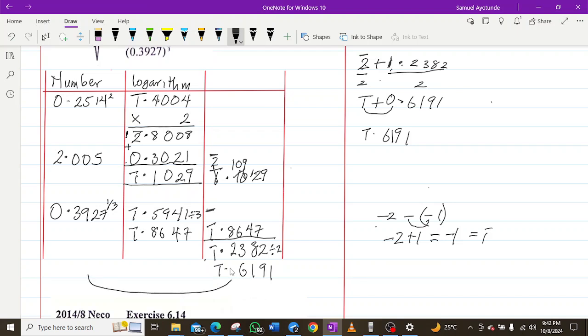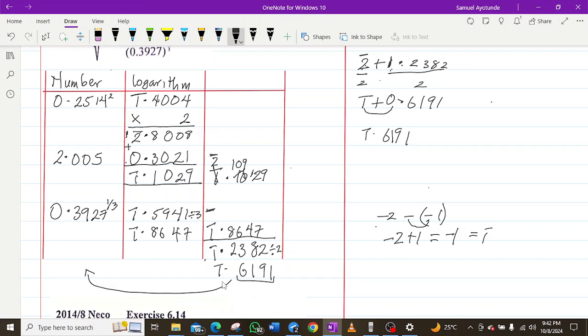To find the anti-logarithm, we do the same thing. We only use the decimal part in our calculator, but I will replace the 1 bar with 0. So I'm looking for the anti-logarithm value of 0.6191, because this 1 bar will serve a different purpose.